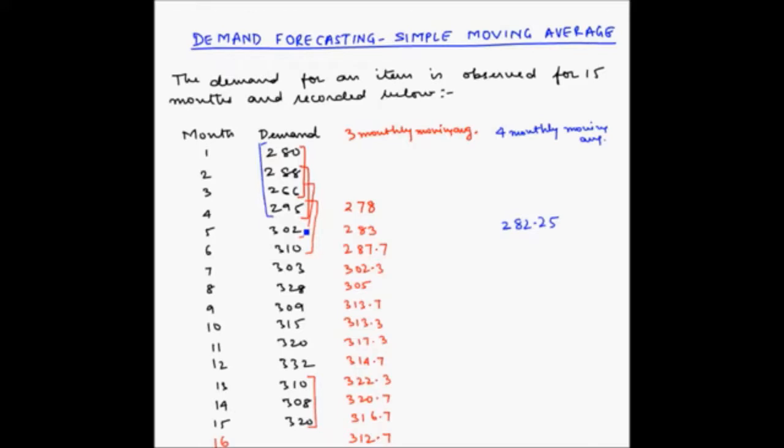So now you are forecasting for the 6th month using 4 monthly moving average. So now you have to take the average of the last 4 months. So we will be taking the average of 288, 266, 295 and 302 in order to find the forecast for the 6th month. So the forecast for the 6th month turns out to be 287.75.